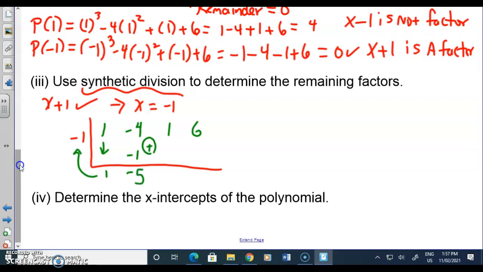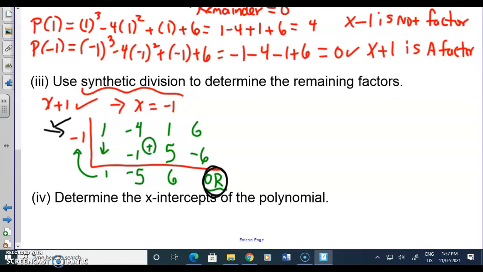And then we start the process over. So we get +5, we add, we multiply again, we add, and that 0 is the 0 remainder. This is a second confirmation that what I did was right, because I know from previously that -1 worked. So I should get a 0 remainder.